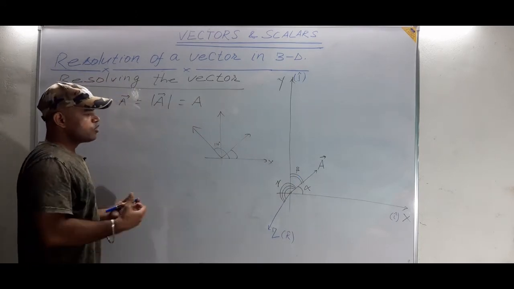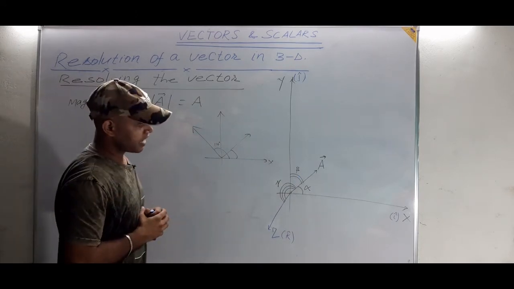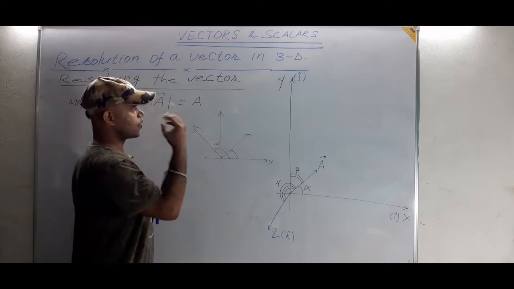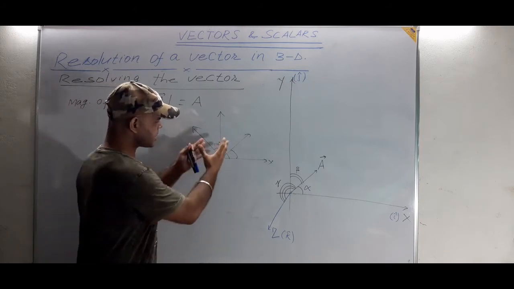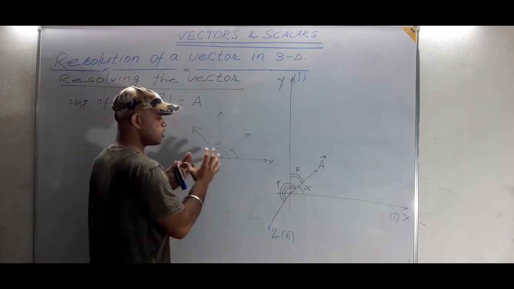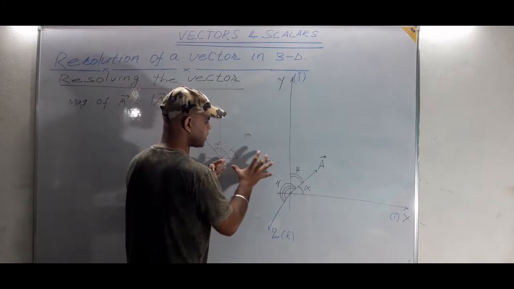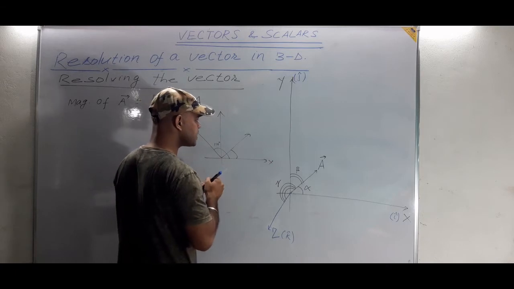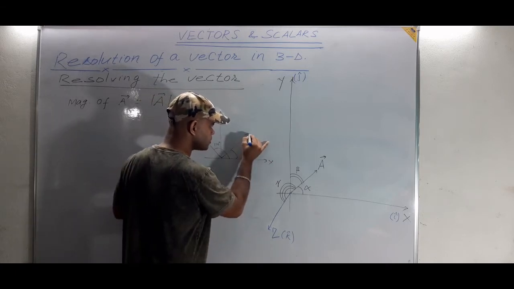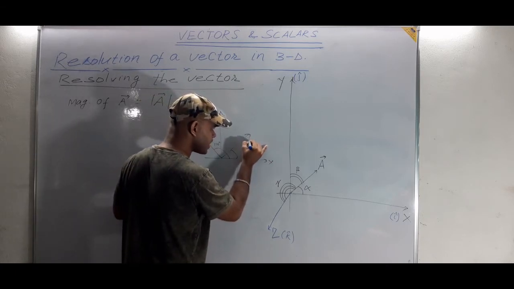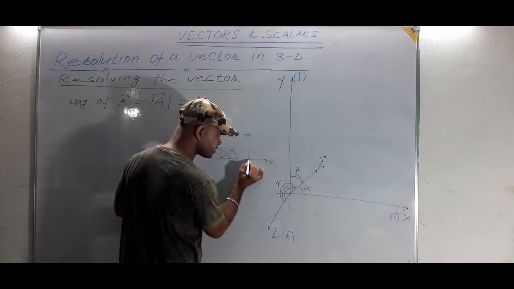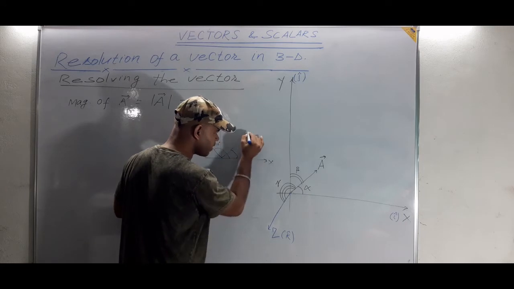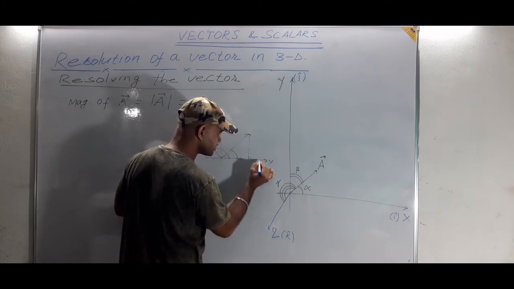Now we want to find the component of this vector along the x-axis, along the y-axis, and along the z-axis. So how to find it? Same as before. If you want to find the component of this vector along the x-axis, you simply have to drop a perpendicular from the head of the arrow on the x-axis.